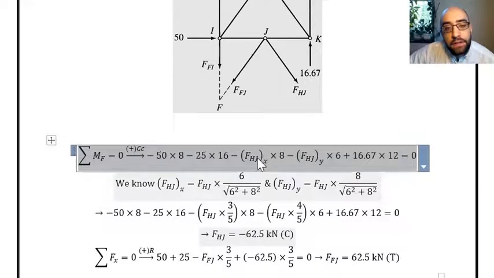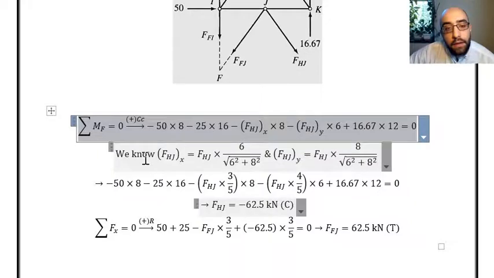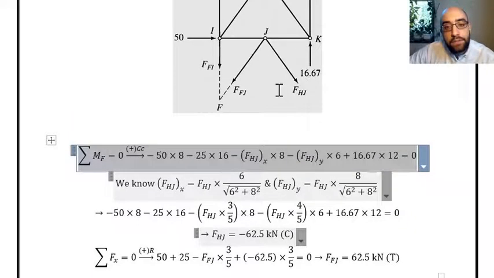So I'm calculating the moments because of components of this FHJ about point F. Based on the simple force analysis and force components that we know from statics, the horizontal component of HJ is based on the triangle that we can consider over here: 6, the horizontal side, over this inclined side, and the vertical component is the vertical side, which is 8 over the inclined side, or the side that has the same direction as FHJ.